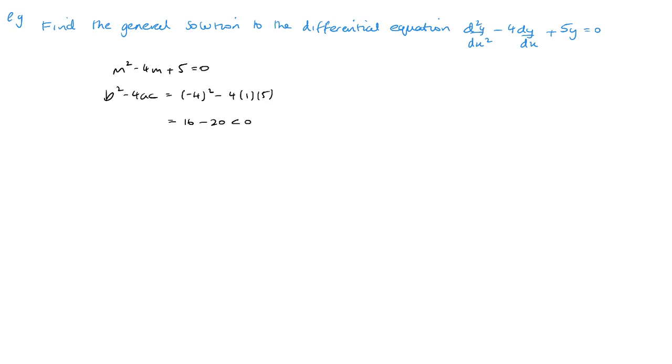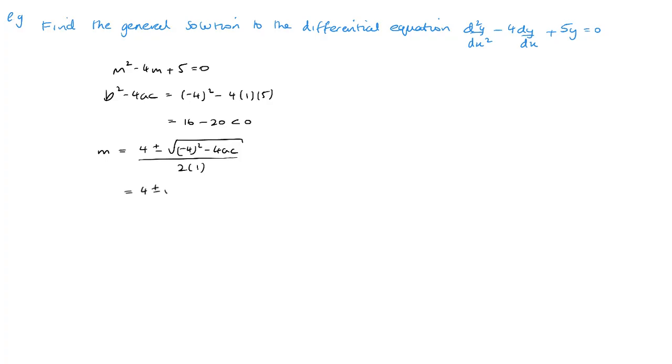Okay, so this one's going to give me complex roots. So let's start off by finding what that is, and I'm going to use the quadratic formula. So minus b is going to be 4, plus or minus the square root of b squared minus 4ac, all over 2 times a.